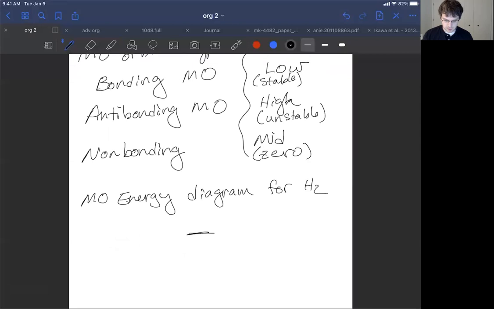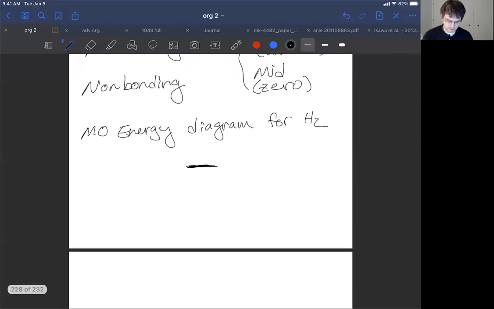We're going to have an orbital up here, which I'm just going to show as a line, and then an orbital down here. And these are our two orbitals. I know they're not the shapes, but we can fit 2 electrons into these. I'm going to put 2 electrons into this lower orbital. This lower orbital is going to be my bonding orbital. This other one is going to be my anti-bonding orbital.